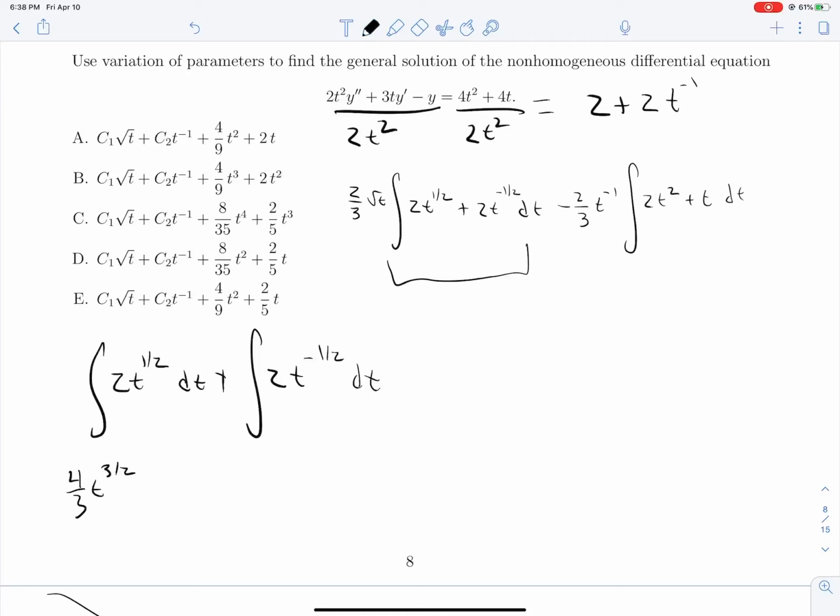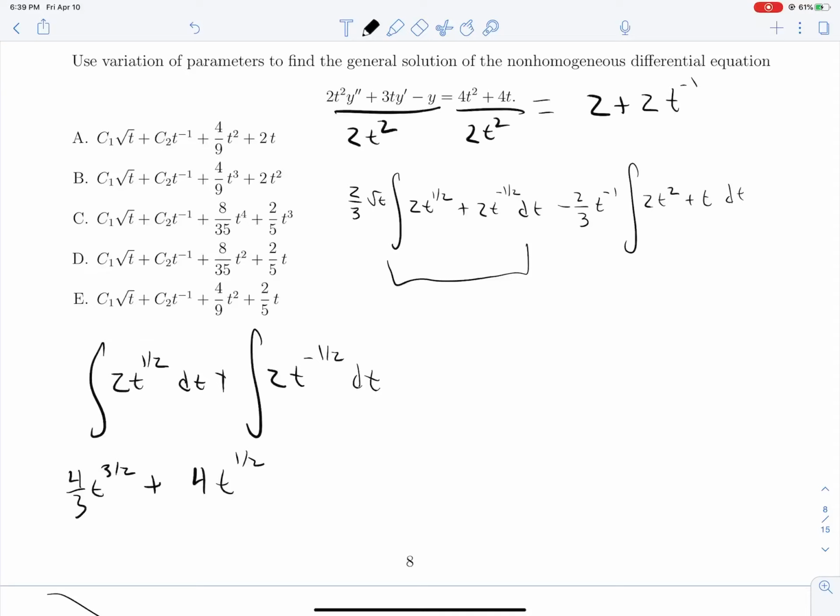Okay, we're actually a quarter done. Next we have plus 2t to the 1/2 multiplied by 2. And okay, that's actually it for that integral.